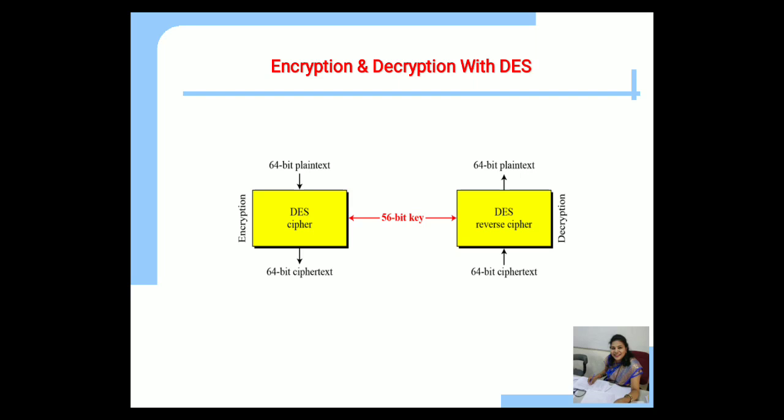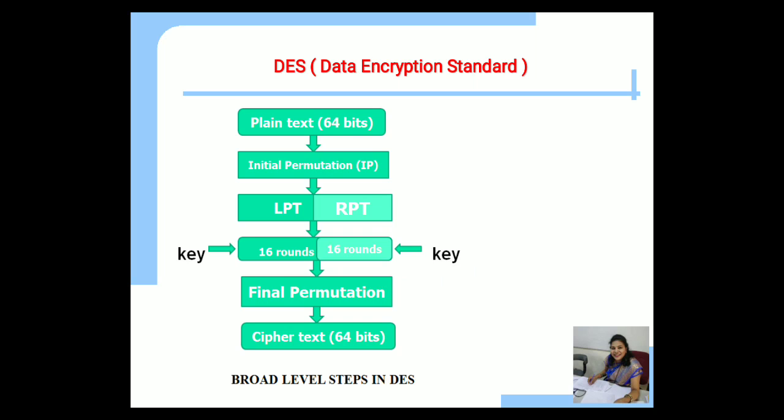Also, at the receiver side, 64-bit ciphertext is converted to the plain text using decryption. So these are the broad steps of the DES algorithm. As you know, DES algorithm takes 64-bit input and 64-bit key and generates a 64-bit ciphertext. But how, that we are going to see now.